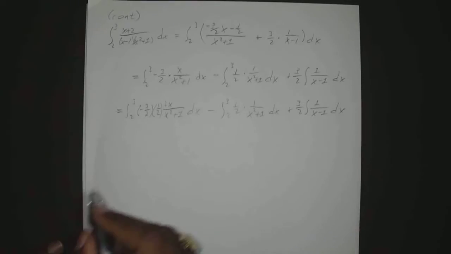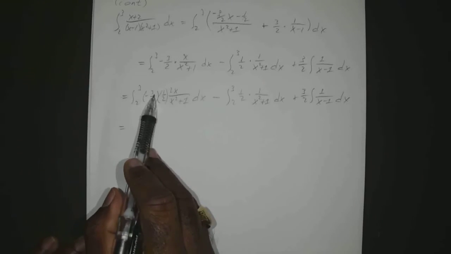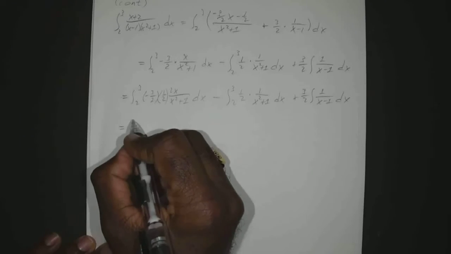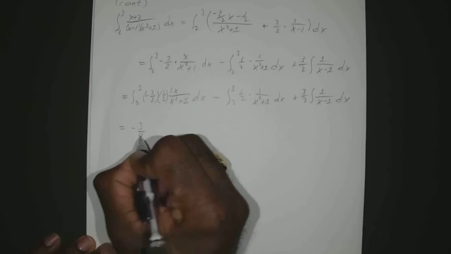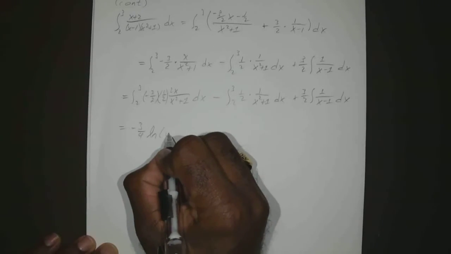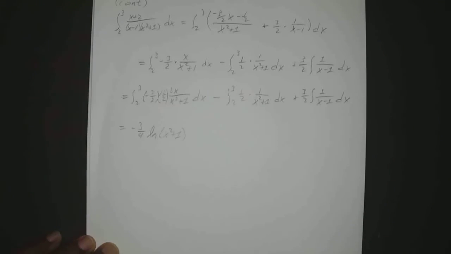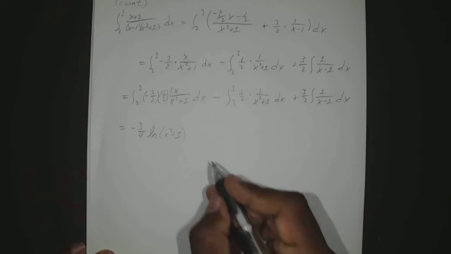So this one becomes negative 3 over 4 natural log of x squared plus 1, and you don't need the absolute value for that one because it's always going to be positive.